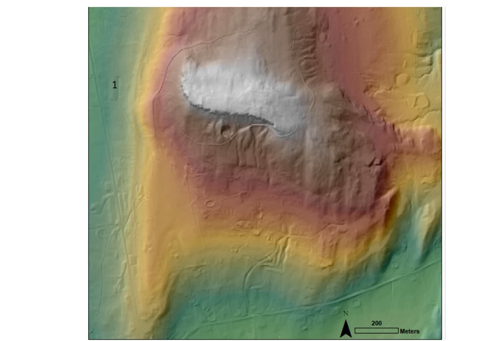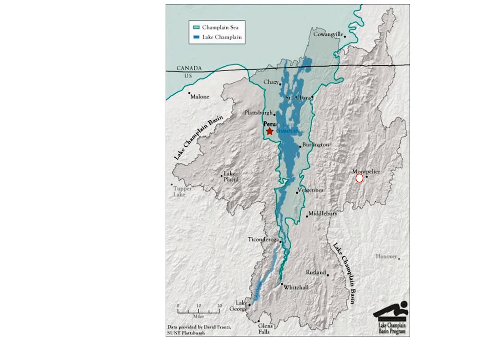Adirondacks on one side, Green Mountains on the other. This was all filled with an inland sea, including whales and seals, the fossils of which have actually been found right here in Charlotte. So here's a visual example of that. The light green is the extent of the Champlain Sea filling the valley, and the blue is the modern Lake Champlain.